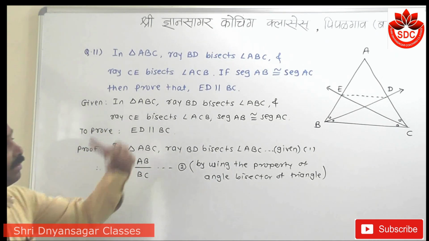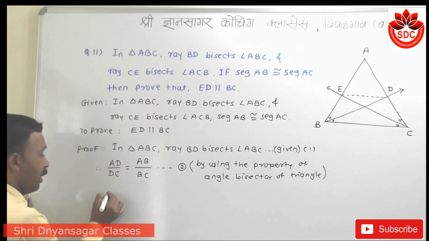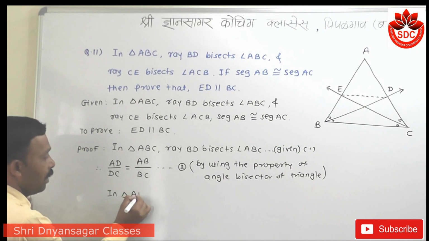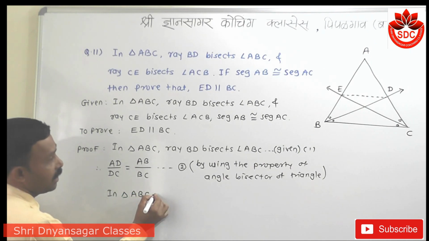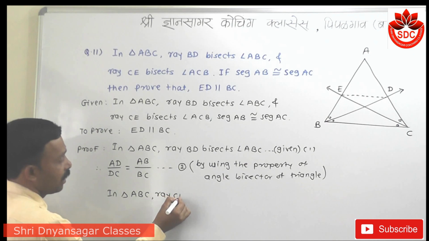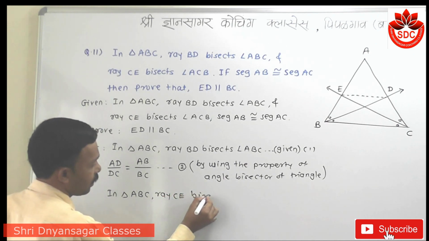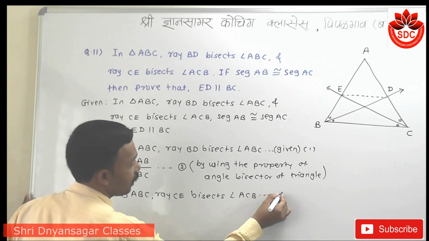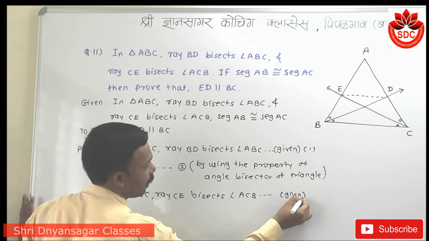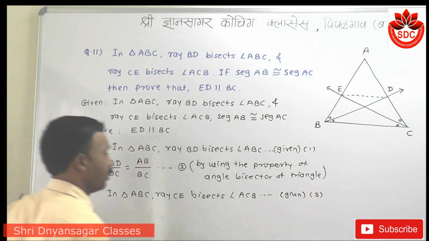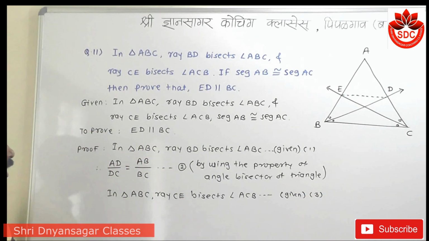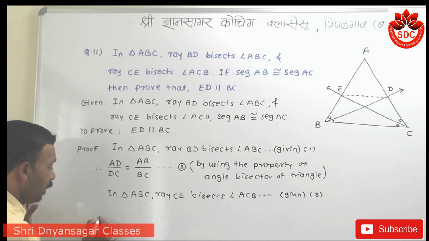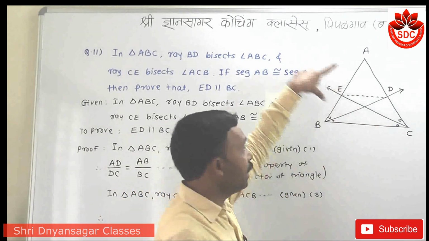Now, then again we take the next ray. In triangle ABC, the next ray is ray CE, which bisects angle ACB. This is also given. Equation number, suppose, third. Then again by using the property of angle bisector of a triangle, we write here the opposite side is this one.